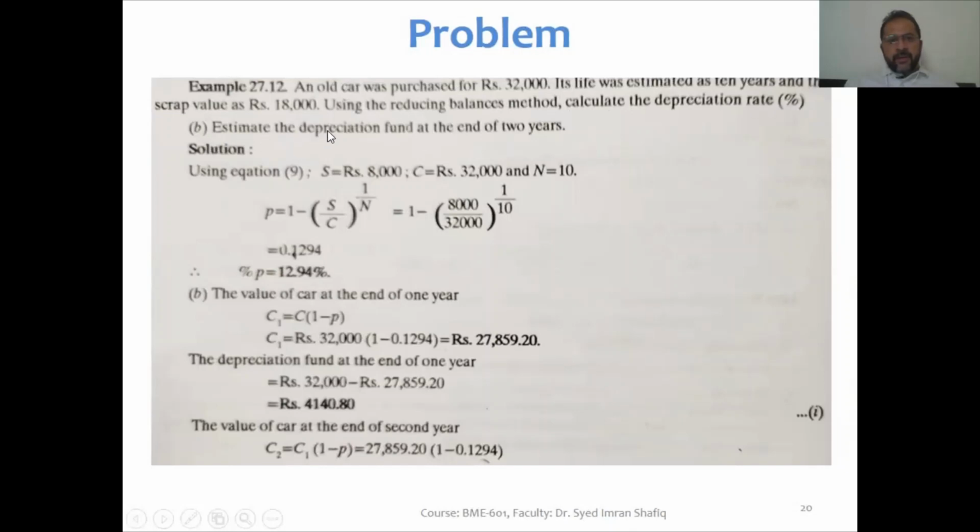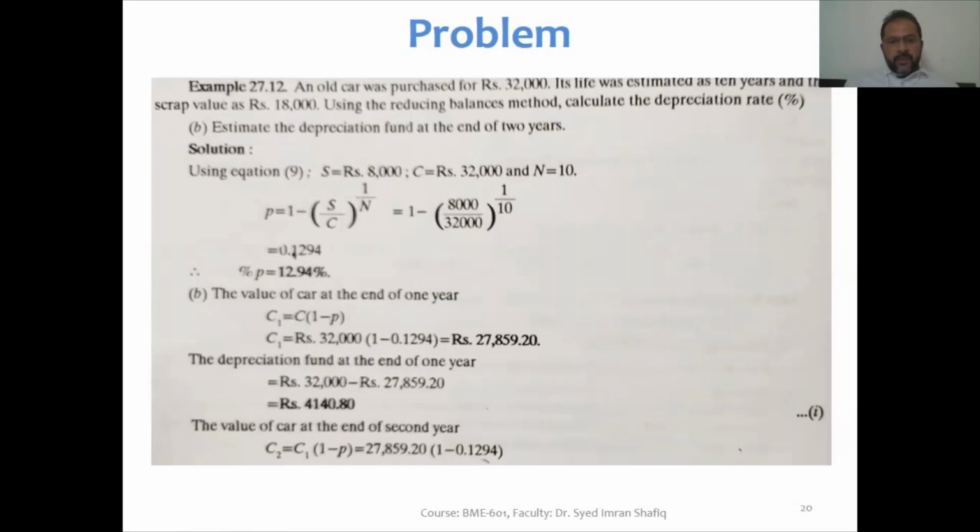Number two, estimate the depreciation fund at the end of 2 years. So the data given to us is: scrap value is 8,000, it's not 18,000, it's 8,000, the total cost is rupees 32,000 and N is 10.